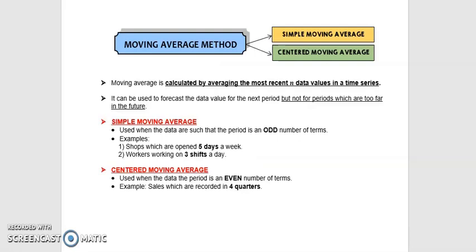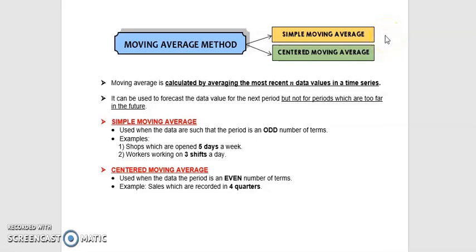In this chapter, our main objective is to do forecasting, or prediction. Under this chapter, we have only one method, the moving average method. Under this method, we divide it into two: either we use simple moving average or centered moving average. In this video, I'm going to show you how to do forecast or prediction using simple moving average.